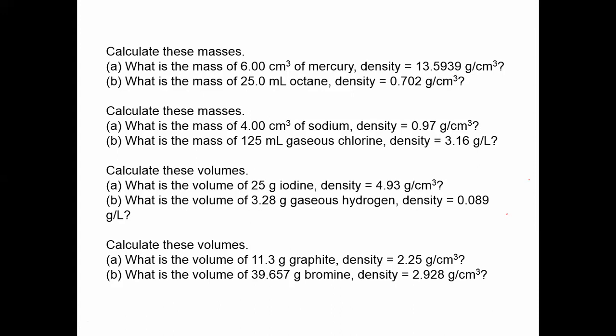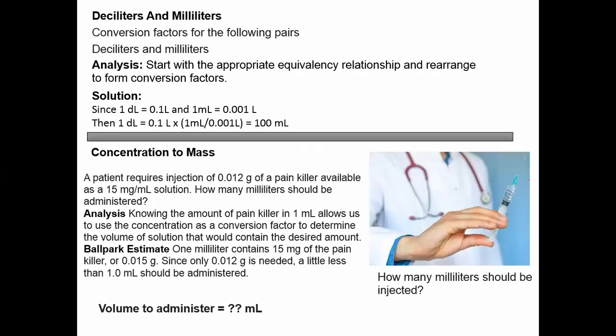You multiply density by volume and you calculate the mass, right? Or the opposite: if you have to calculate volume and you are given mass and you know density, you just divide mass by density and you can calculate the volume. So you can do it also at home.